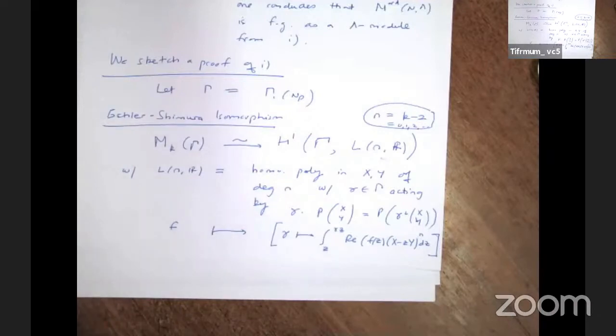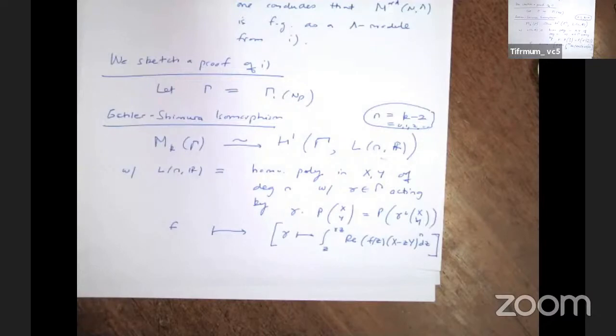Well, some people would do what was asked of me two days ago. You have an explicit basis, E4 to the A, E6 to the B, etc., right? And they all have Z entries. So when you look at the Hecke operator action on the explicit Z basis, you get a Z linear combination of the basis elements. So you get an operator in Z, but that's a level 1 proof.